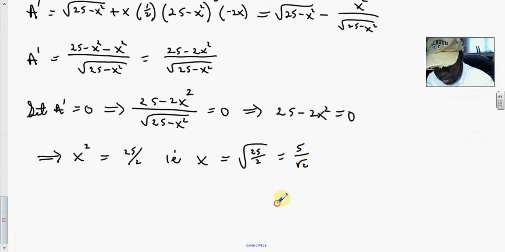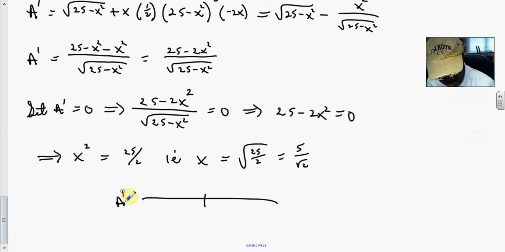So now we use the first derivative test, considering A prime. The pivot point is 5 over the square root of 2. Look at a number less than that for A prime.